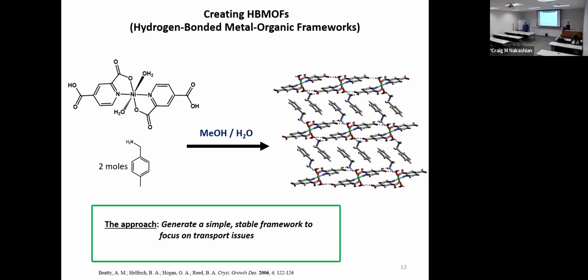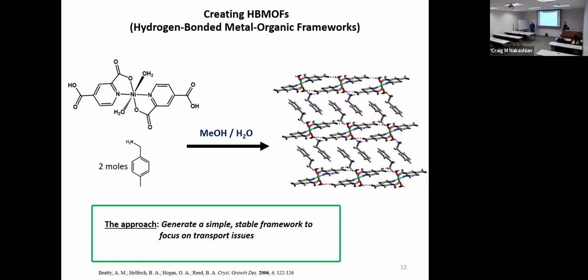Okay, so what we do here is we are forming the AB layer. So this whole thing right here, we take the metal PDCA and react it with an amine. It's 4-methylbenzylamine, but you could just call it an amine. The metal PDCA plus the amine in a solution of methanol and water, and you create this hydrogen bonded metal framework right here.